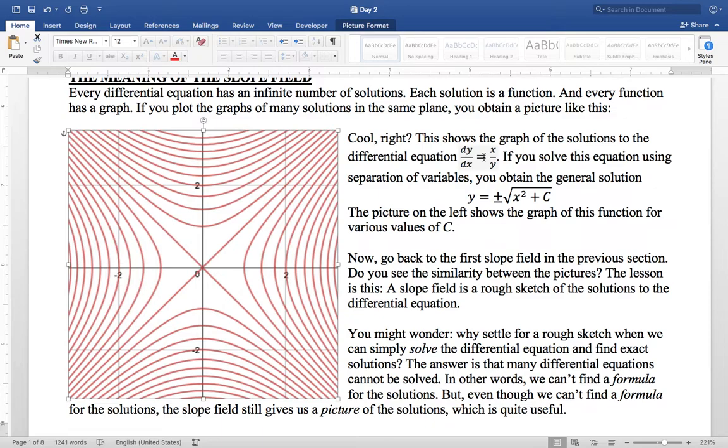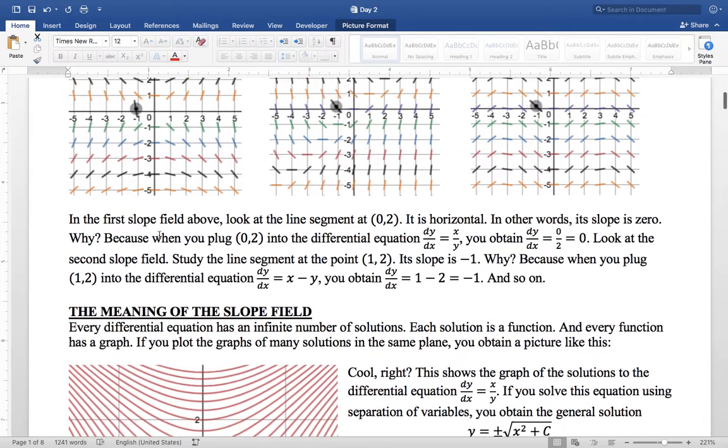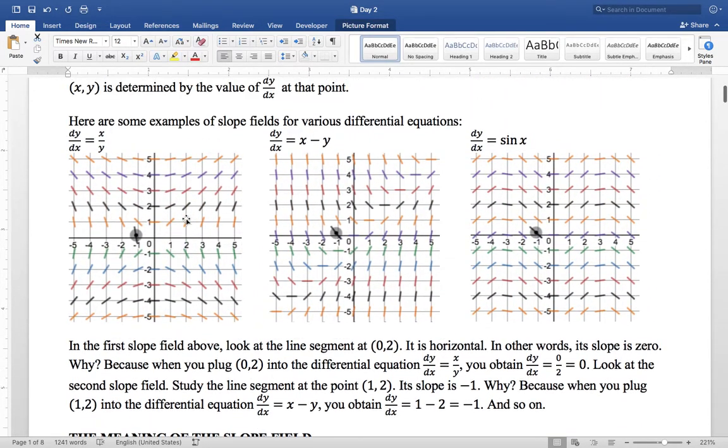It works on a really important class of problems, but there are many differential equations for which separation of variables doesn't work. And in fact, there are a great many differential equations for which there is no way of finding explicit formulas for y. And when that's the case, it's great to be able to construct the slope field, because even if we can't get the solutions, we can get a pretty good picture of the solutions.